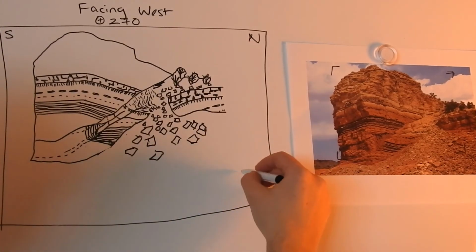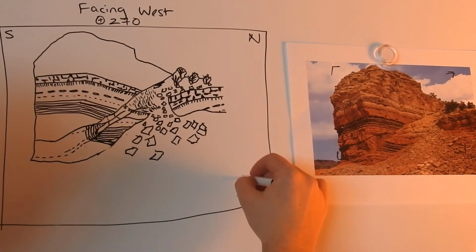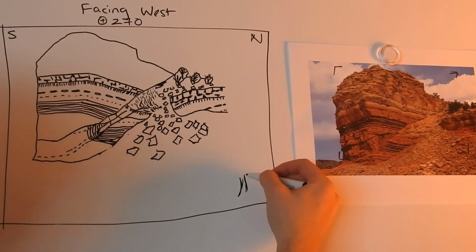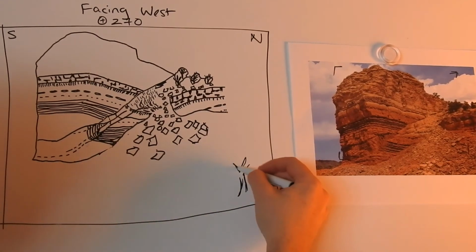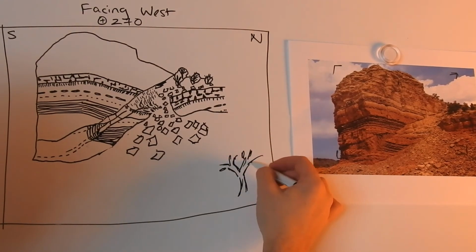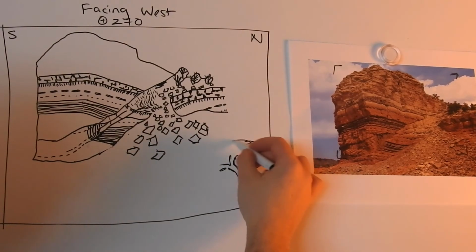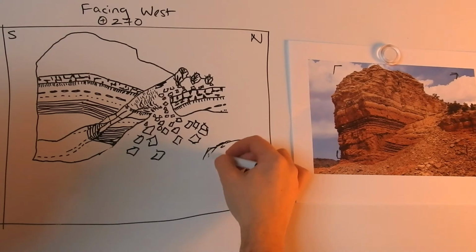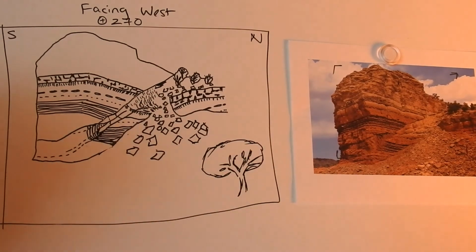To make a tree in your field sketch, you just kind of start a tree shape, and then trees tend to bifurcate. So you just keep drawing that, and then you'll give yourself kind of an outline of a tree.